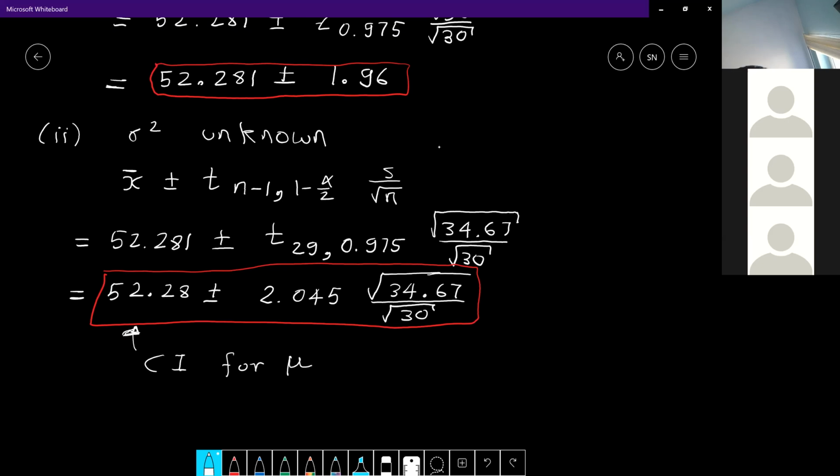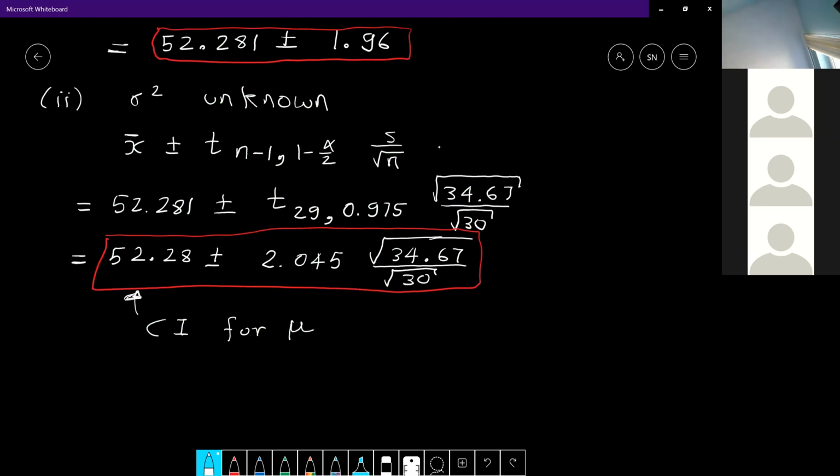Mu is the population mean. Now we want to find the confidence interval for sigma squared, which is the population variance. You may recall, once again, from stuff I did before the Easter break, this formula here. All these formulas are in my handwritten notes, and they are also in the printed notes. So either of the two notes you should be able to see.